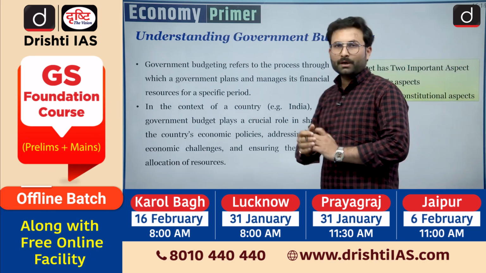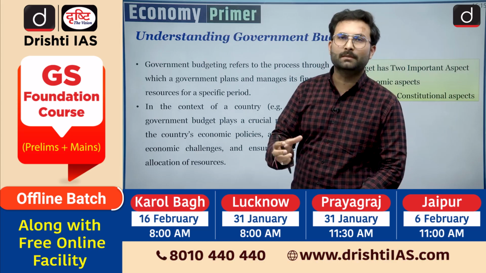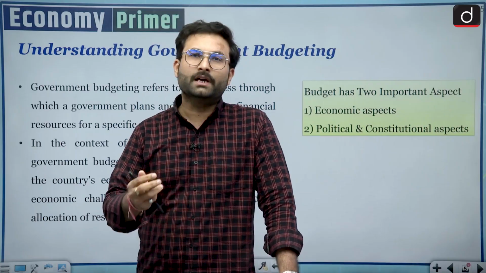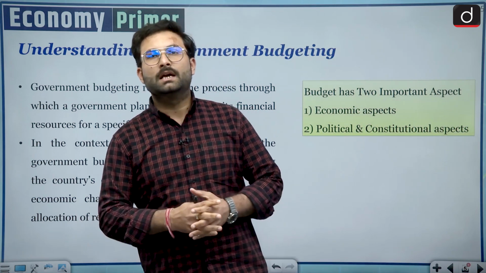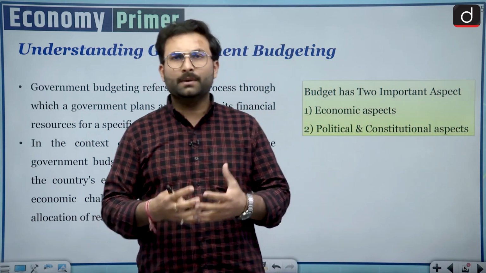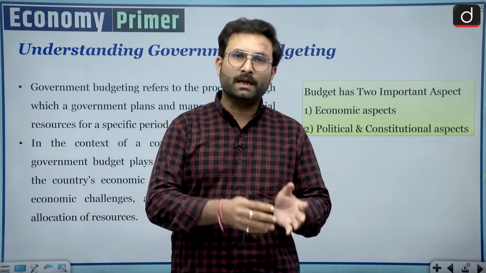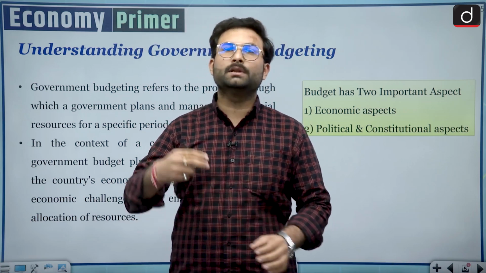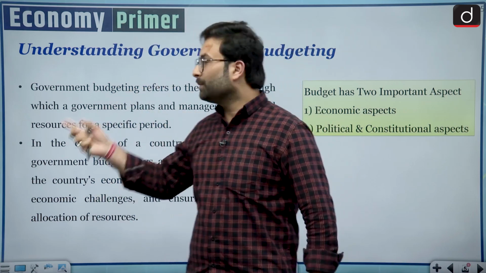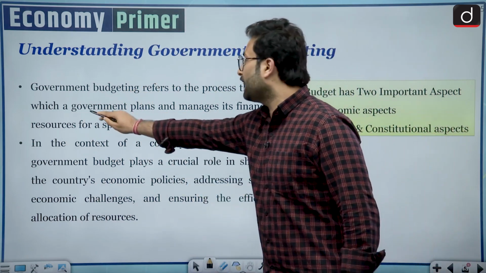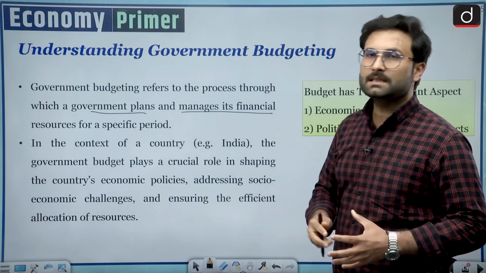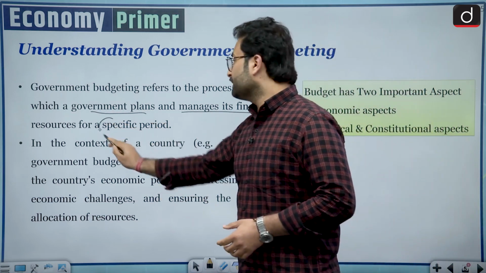So let's understand government budgeting. Budgeting is nothing but a process wherein the government makes all the calculations or estimations, and ultimately tries to find out what they have spent, what they have gained, and what would be the way forward. Okay, so government budgeting refers to the process through which the government plans and manages its financial resources for a specific period.